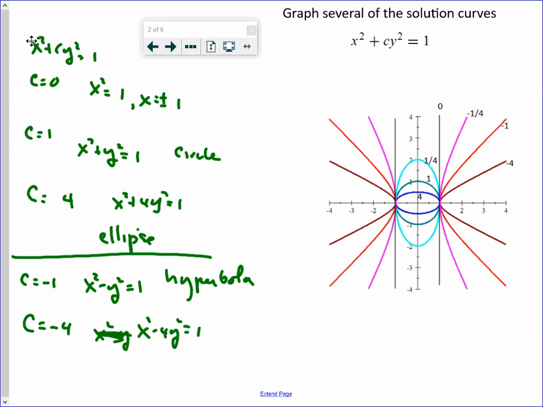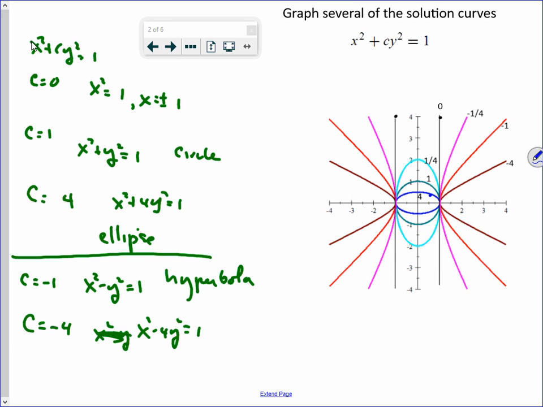The x equal 0 vertical lines are these two guys here. The positive value, when c equals 4, it's this little bitty ellipse in the middle. When c equals 1, it's the circle. When I did a 1/4 just to get an idea, it's the light blue ellipse.